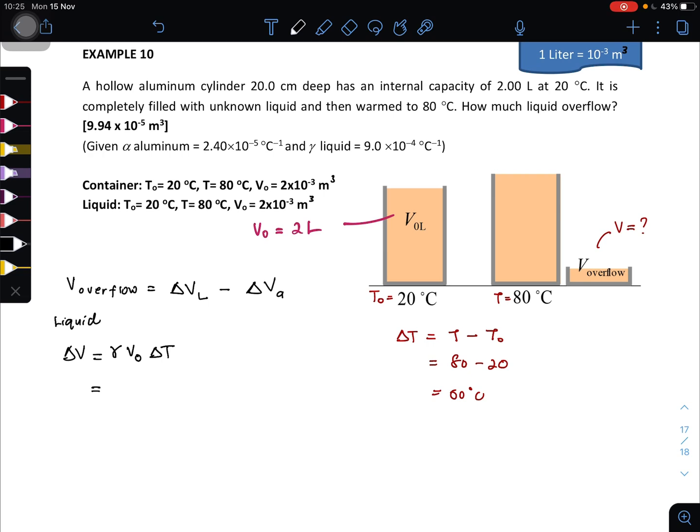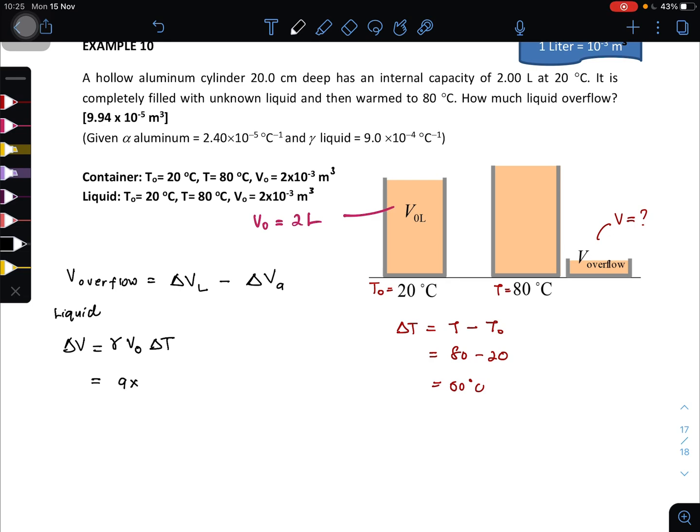So kita cari untuk liquid dahulu. For liquid, di mana liquid adalah gamma dia 9 exponent negative 4, initial volume, and then delta T 60 degrees Celsius. So delta V for the liquid is equal to 1.08 exponent negative 4 meter cubic.